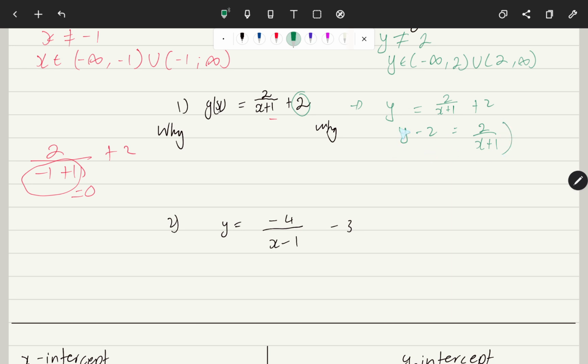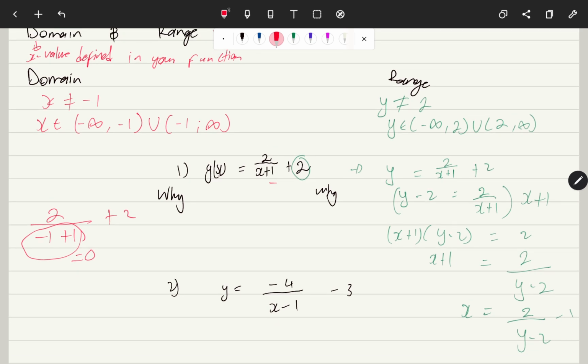Now I multiply the whole thing by x plus 1, so I have (x plus 1)(y minus 2) equals 2. Now I divide by y minus 2 on both sides: x plus 1 is equal to 2 divided by y minus 2, and then I transpose, so now I have x equals 2 over y minus 2, minus 1.